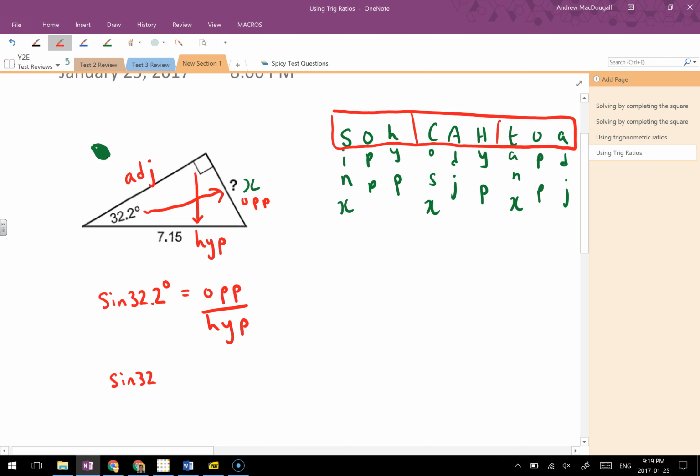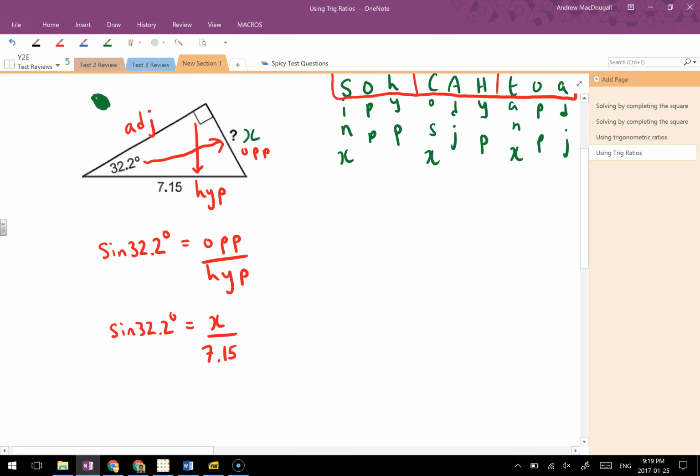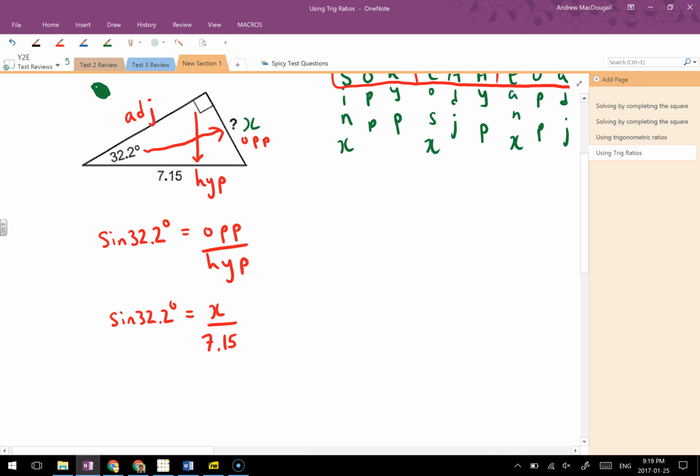Sine of 32.2 degrees is x, the opposite side, over 7.15, the hypotenuse side. So if we want to solve for x now, it's just a matter of multiplying both sides by 7.15. x equals 7.15 times the sine of 32.2 degrees.